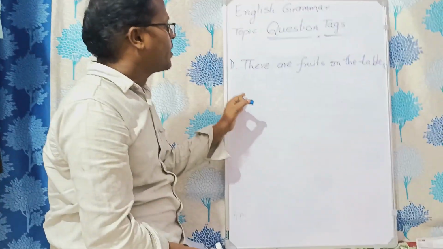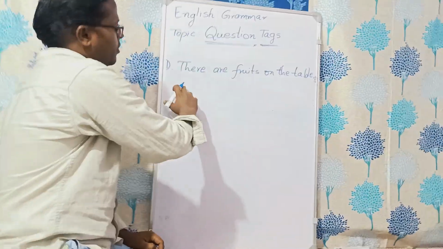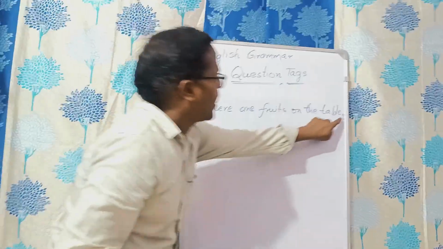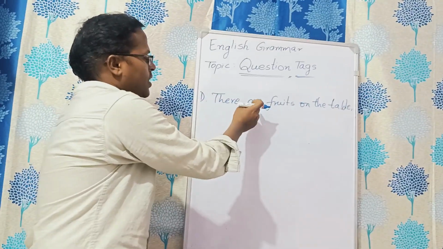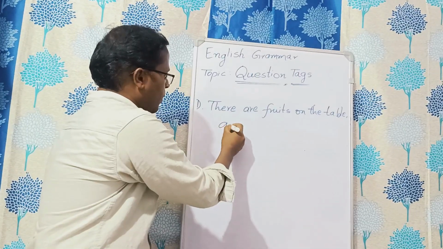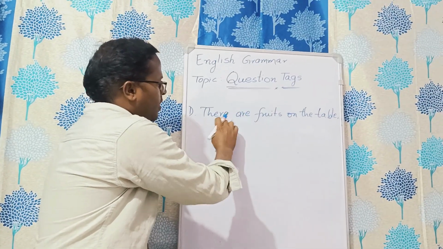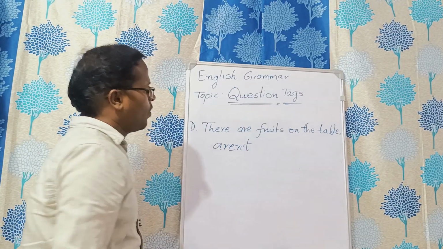After adding the comma, I am choosing the helping verb which is given in the sentence, and it is a positive sentence, so we have to add a negative not.